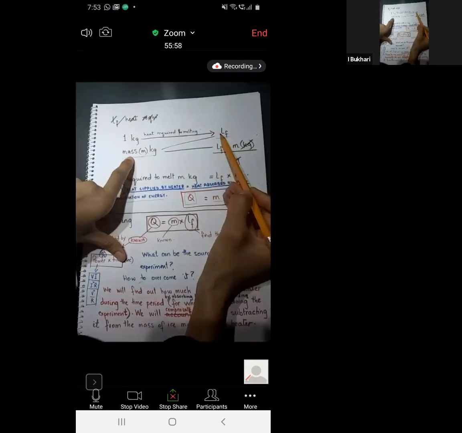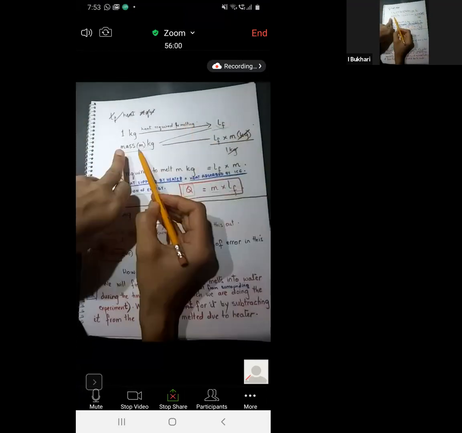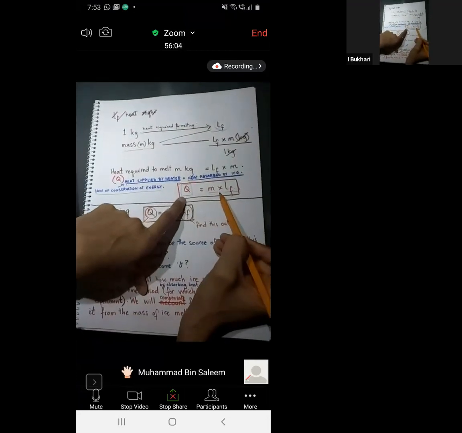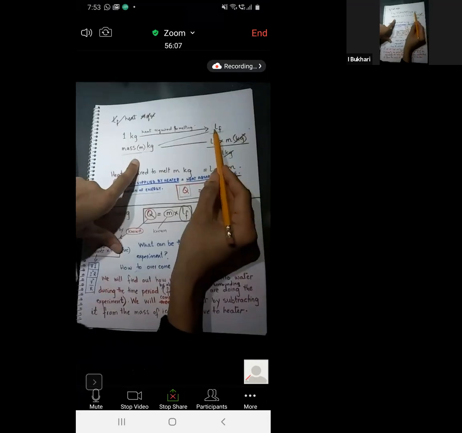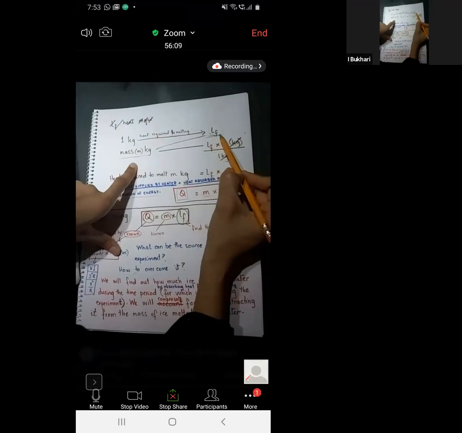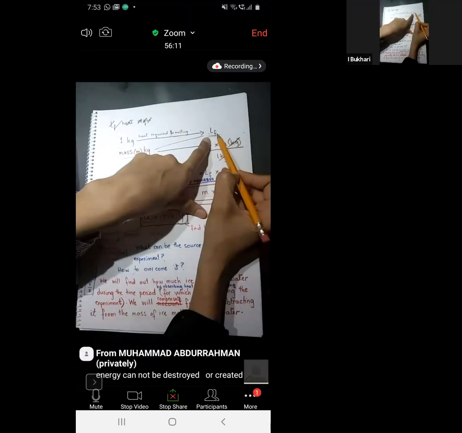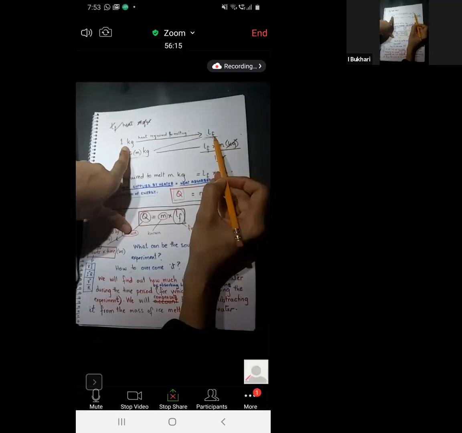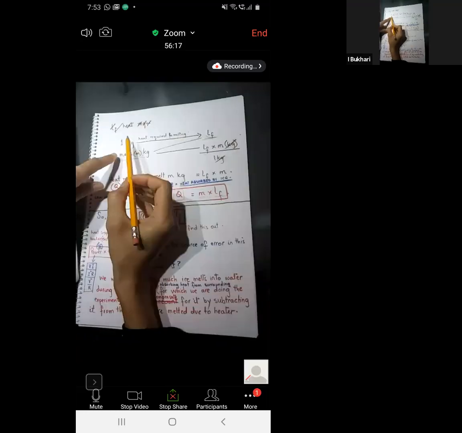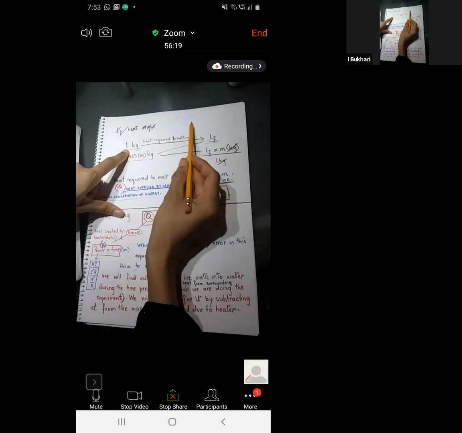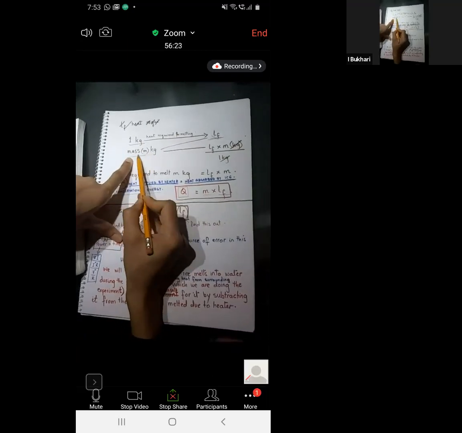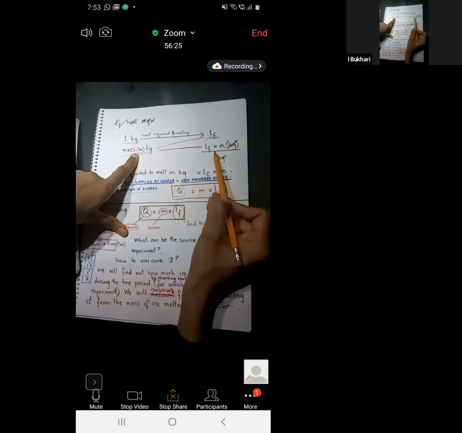See, how did I come up with this formula? Specific latent heat of fusion is the amount of energy which is required to melt 1 kilogram of mass, right? So if 1 kilogram of mass requires this much energy, then mass m kilogram will require how much energy?